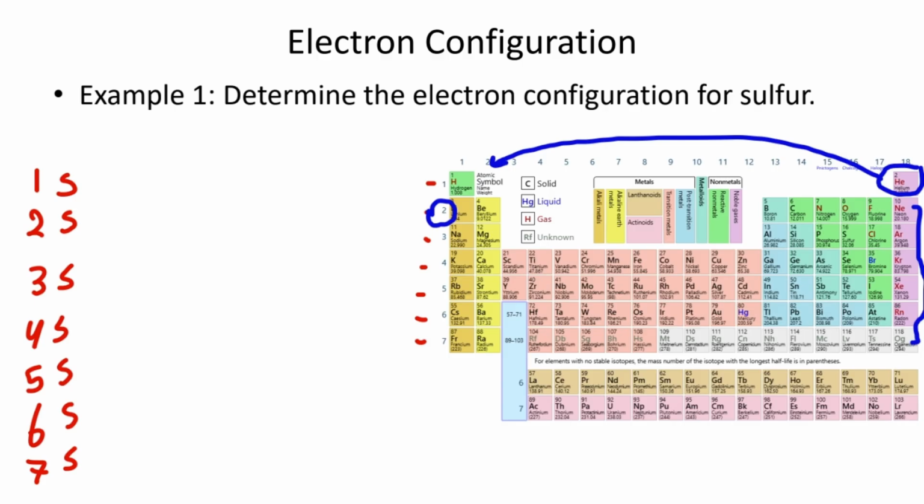So the P block will start from the second period, so we write 2, 3, 4, 5, 6, and 7. And these are the P block: P, P, P, P, P, P.